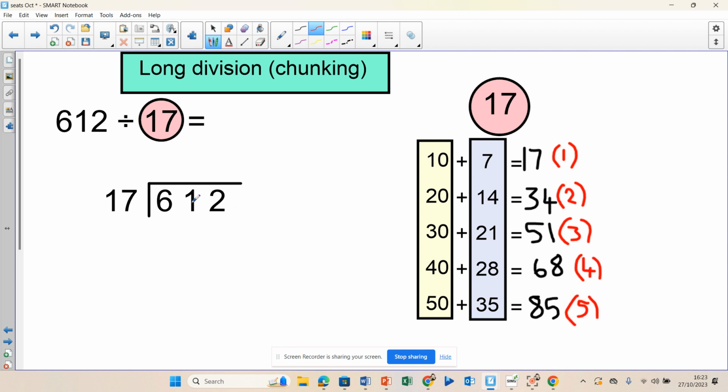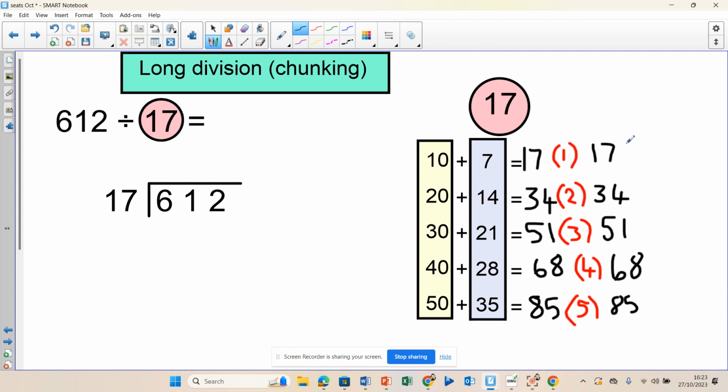Now, my dividend over here is 612. So if I were to subtract 85, I'd have to keep subtracting several lots of 85. So my next step, I can write these numbers again. I keep the same numbers, but this time, I'm going to make them 10 times larger.